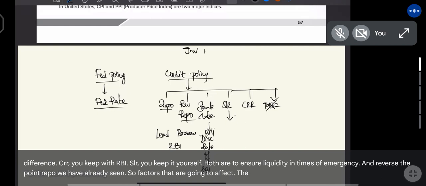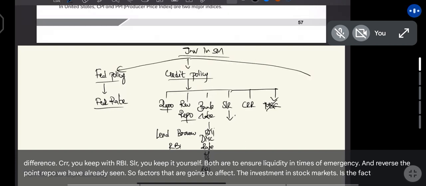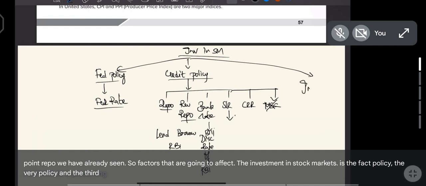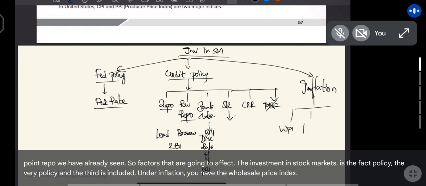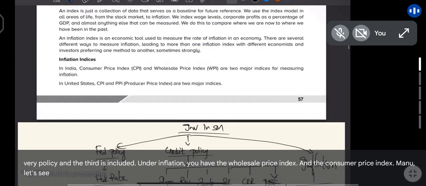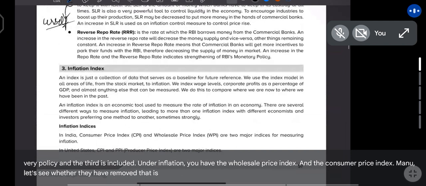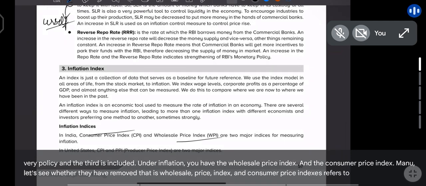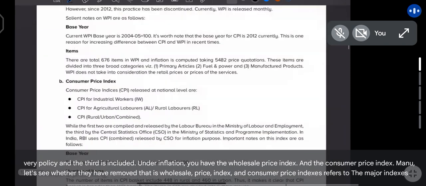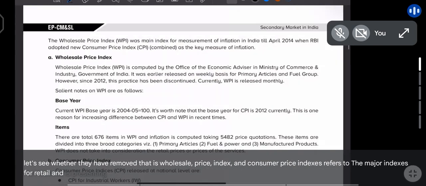So the factors that are going to affect the investment in stock markets are the Fed policy, the credit policy, and the third is inflation. Under inflation, we have the wholesale price index and the consumer price index mainly. Let's see whether they have removed the others. Wholesale price index and consumer price index refer to the major indexes for wholesale and retail consumers.